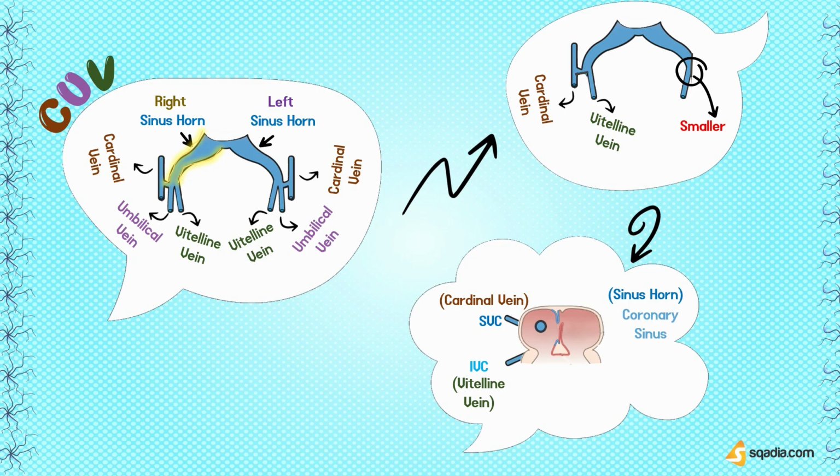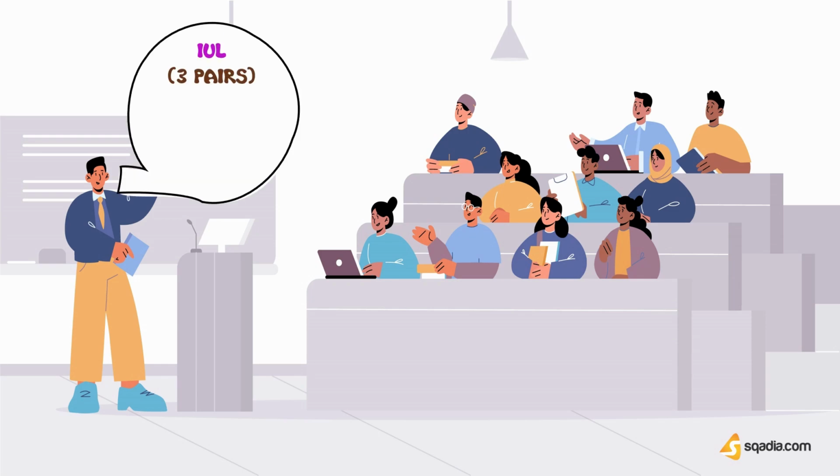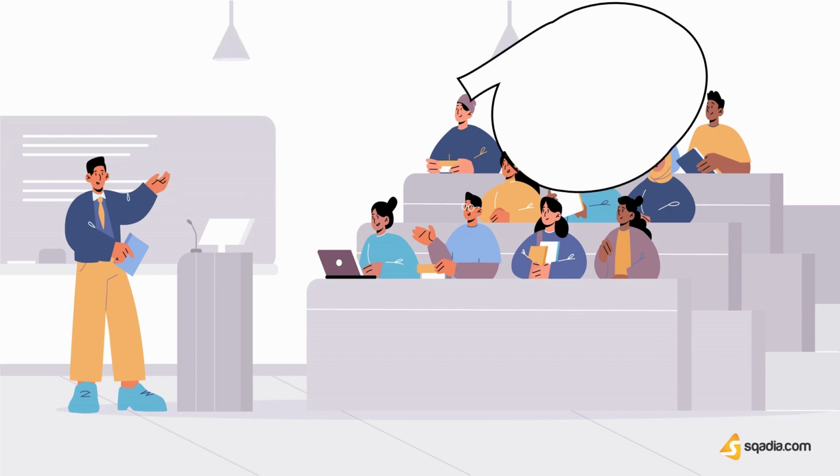Now, let's understand the venous system in detail. In the 5th week of intrauterine life, the veins of the body develop from 3 sets of primitive veins: vitelline veins, umbilical veins, and cardinal veins, which drain into the sinus venosus. Sir, we will revise them.